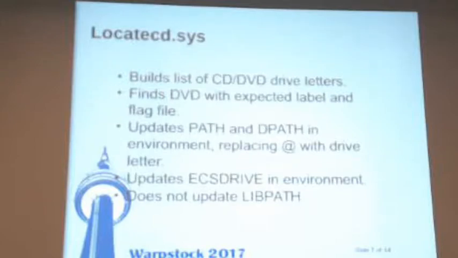No one asked me to change it. One thing it doesn't do, which complicates things a little bit, it cannot update live path. Because by the time that locate CD is running, live path has been loaded into the kernel and simply can't be changed. Because there's no access to that variable. And it's not really a variable, but basically there's no access to the memory buffer where the live path data is stored.